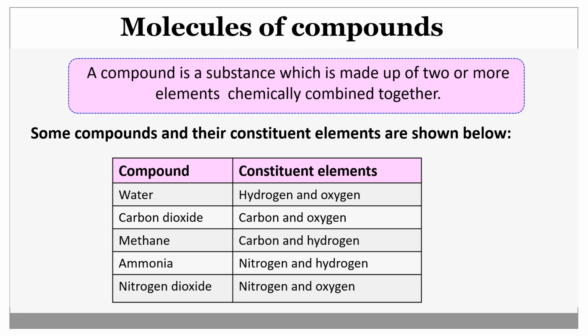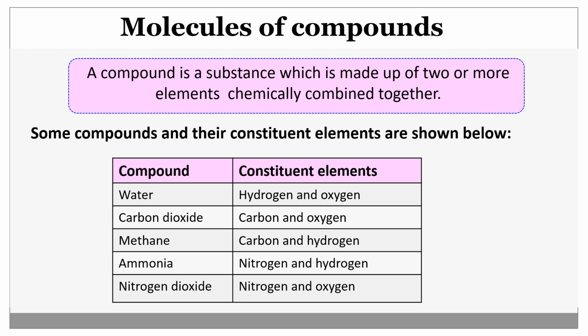For example, water is a compound made up of the elements hydrogen and oxygen. Carbon dioxide is a compound made up of the elements carbon and oxygen.